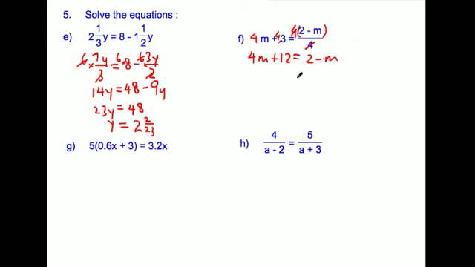And we want to find m, so we remove the m here, adding m. Add m will give us 5m. Remove 12, subtract 12, subtract 12, divide by 5, and divide by 5.